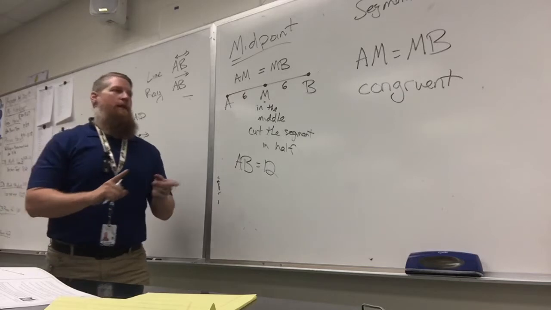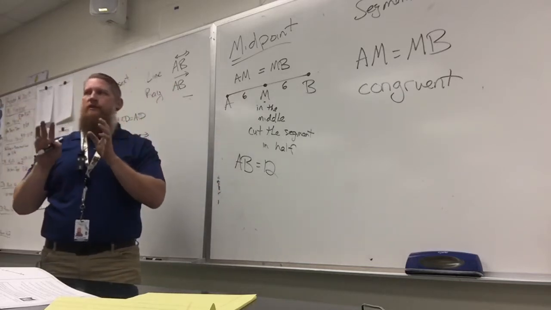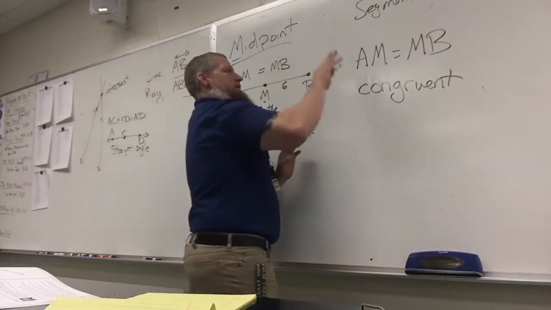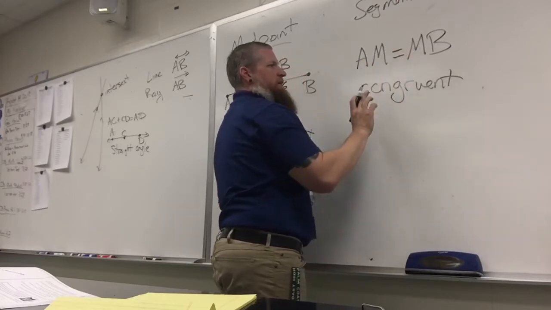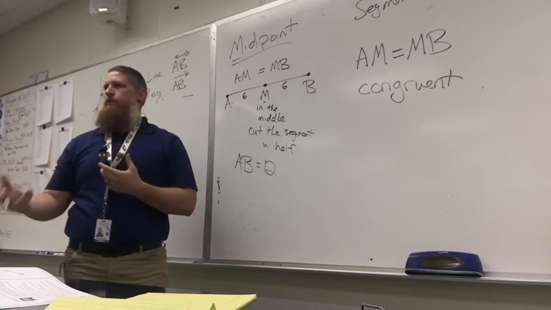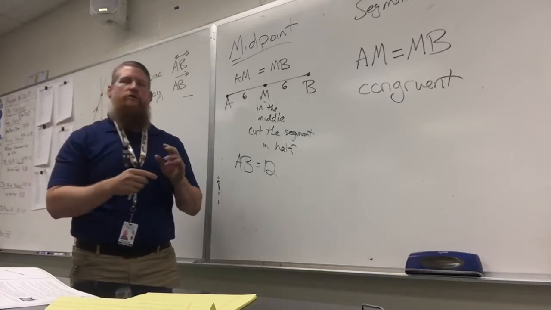Okay? This is where distinctions get a little tricky, especially in the beginning of this course, where this kind of throws people. When you put an equals there, that makes things congruent and vice versa. If things are congruent, they're also equal. There's a reason you have two different words, though, for those.